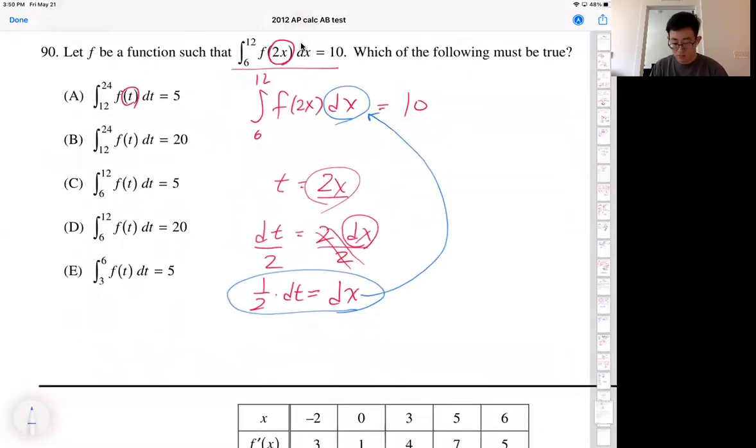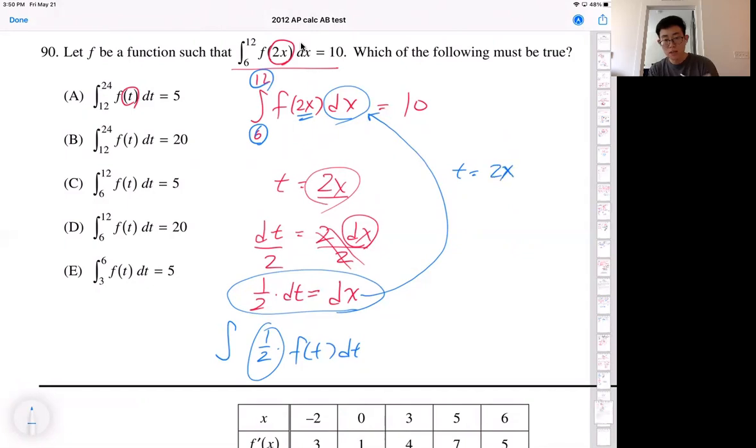Okay, and what you will get is f of t, because I replaced t with 2x, times dt, but the 1/2 will actually come along with it as a result. And you're integrating from 6 to 12, but these two also must change. Why? Because t is 2x. Okay, that would mean x is equivalent to the t value divided by 2, you see. Okay.